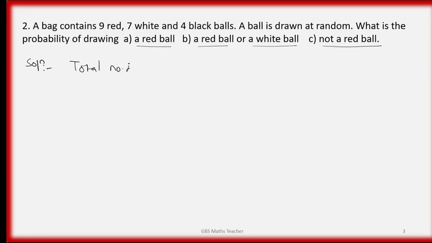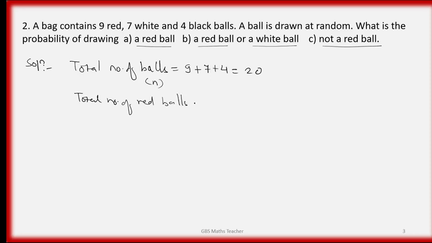Total number of balls, first of all, we have to find: 9 plus 7 plus 4 equals 20. It is denoted by n. This symbol we can use in our practice. And the total number of red balls is denoted by m.